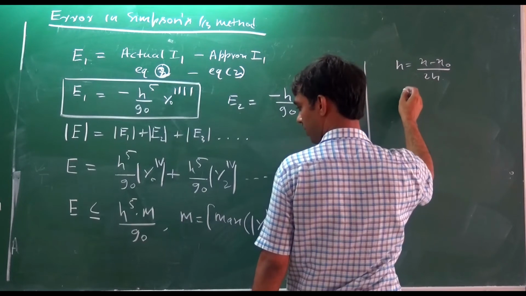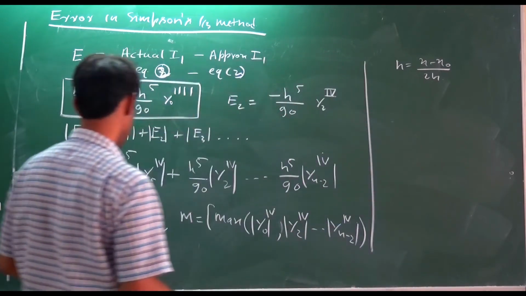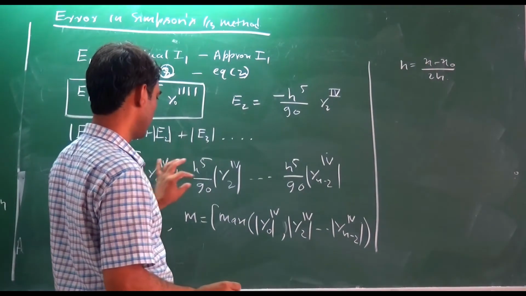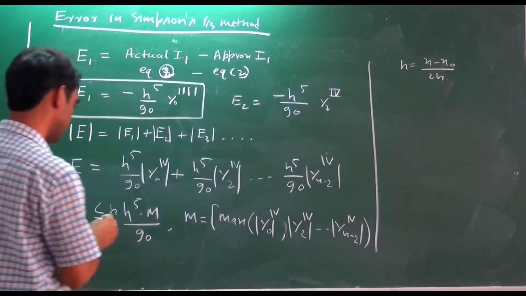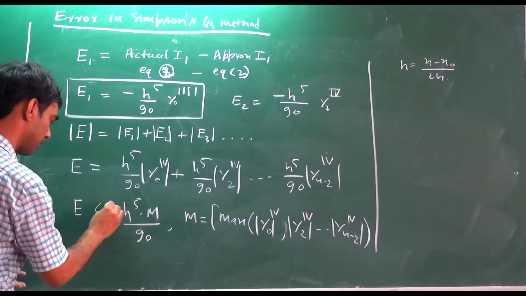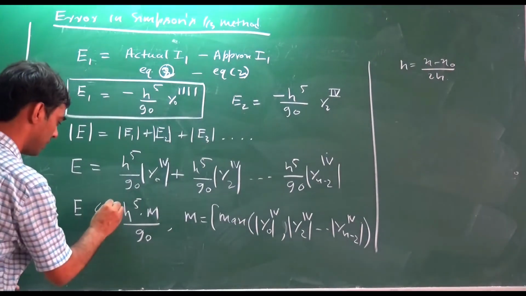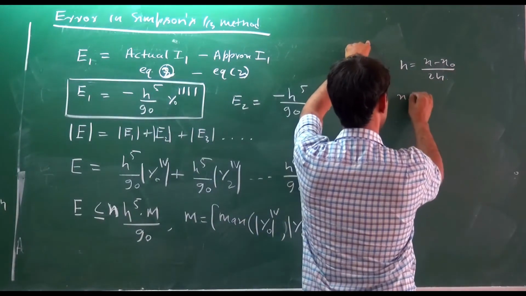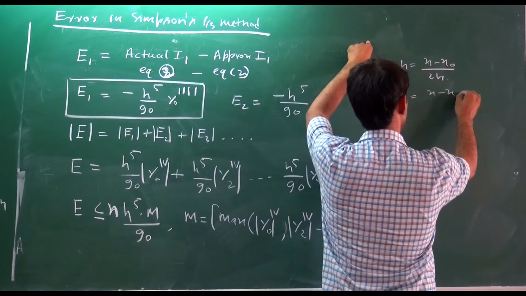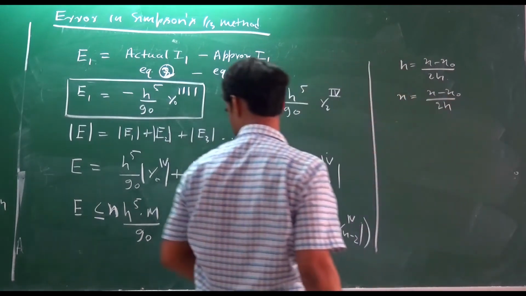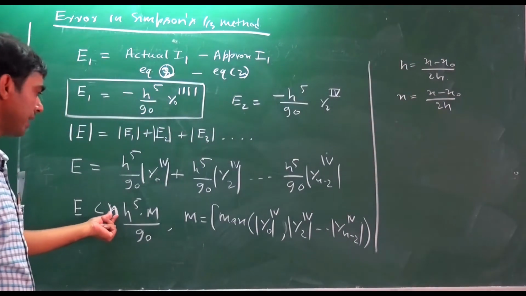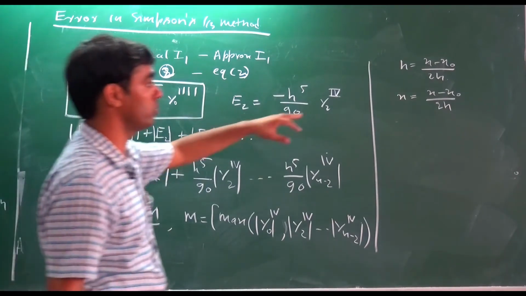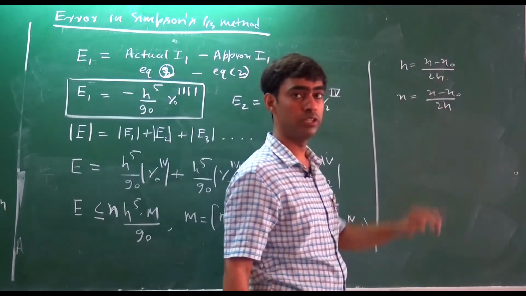Here I forgot to write n: this one is n, because we find the sum of 1, 2, 3, 4 terms. So how do we replace n? n can be replaced by xn minus x0 upon 2h. And n must be a multiple of 2, due to this reason here we write 2n.